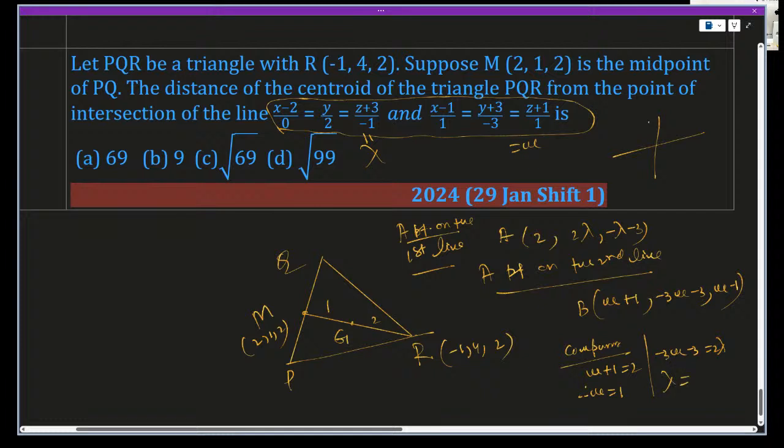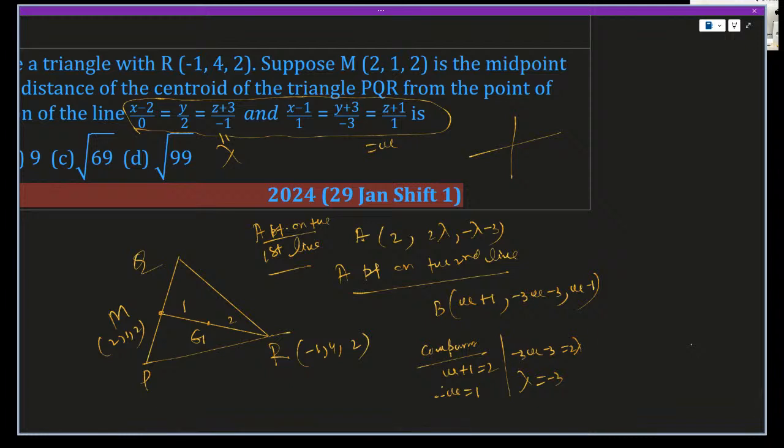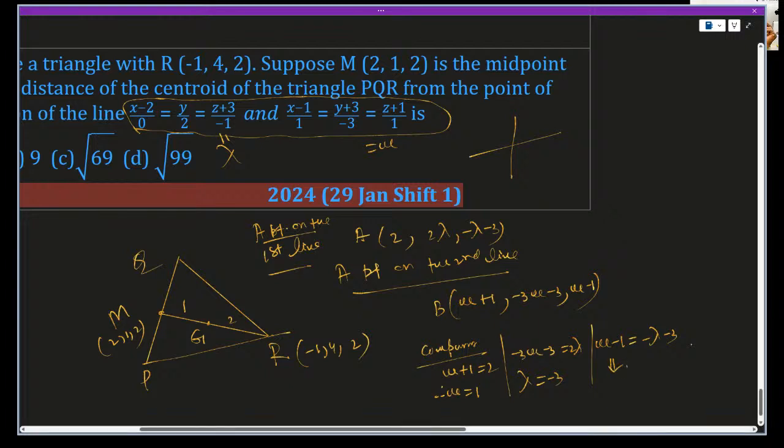You put lambda minus 3, and we have to check now whether it is satisfied or not. For mu equal to 1, it is satisfied.